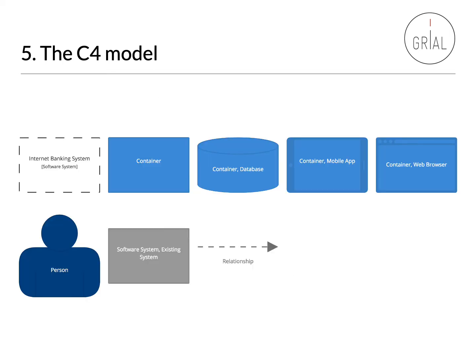The notation of these models is not restricted to a set of strict rules. It is more focused on dividing the system into 4 levels and on developing comprehensible diagrams. In this picture, you can see the different components that can be used to build the diagrams, the models using the C4 model.